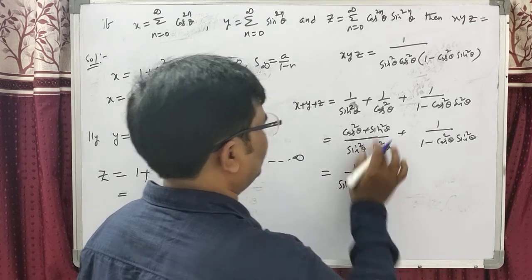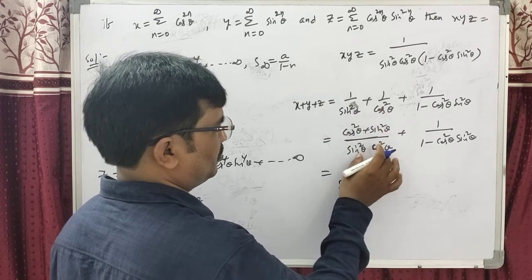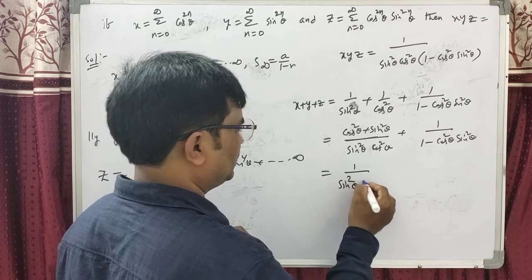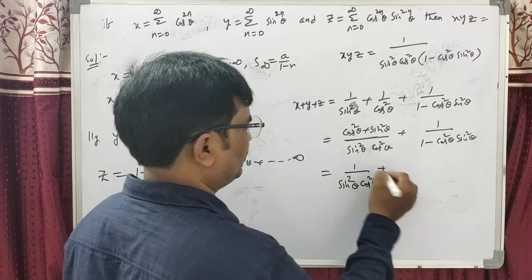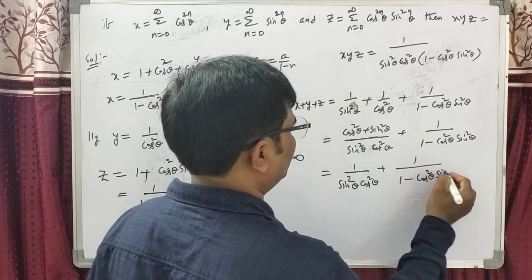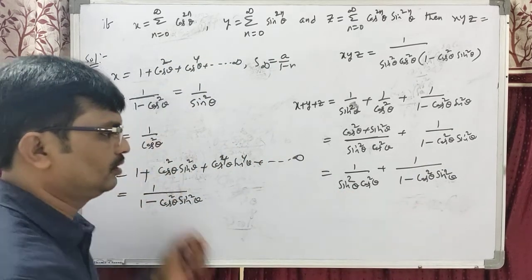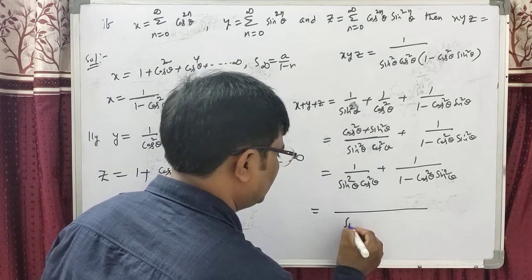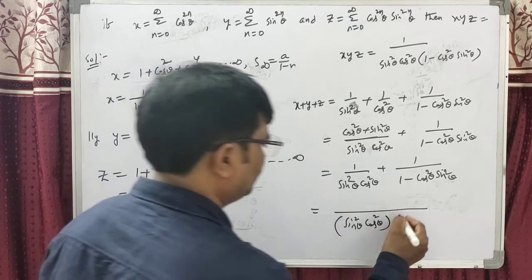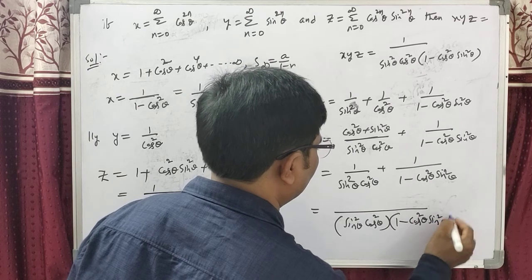The LCM is sin square theta into cos square theta. This is cos square, this is sin square, and this is 1. Now, again taking the LCM, it is sin square theta cos square theta into 1 minus cos square theta sin square theta.